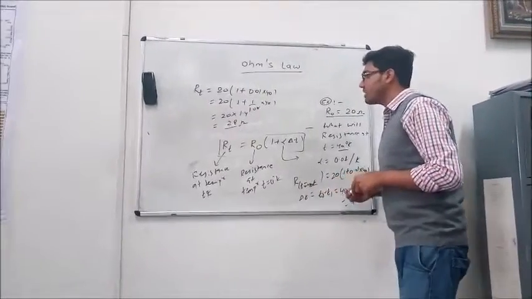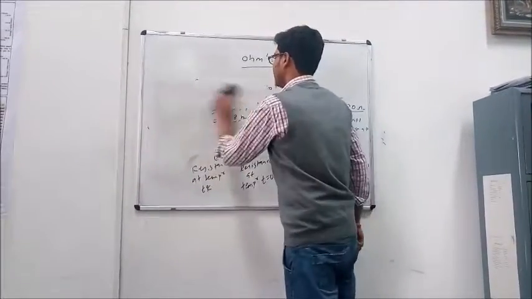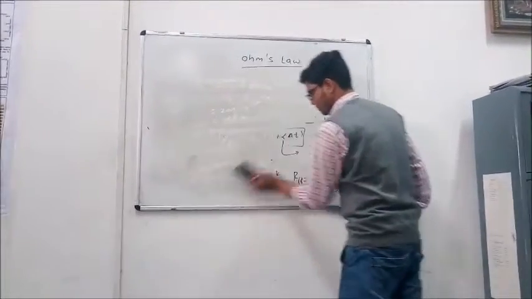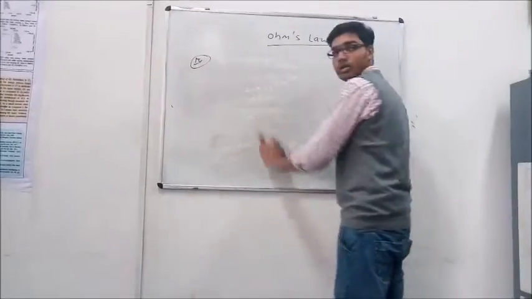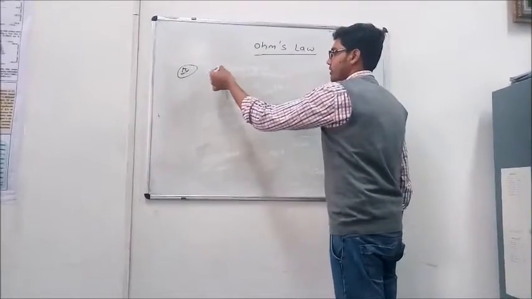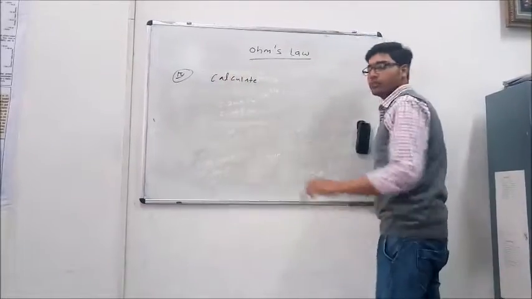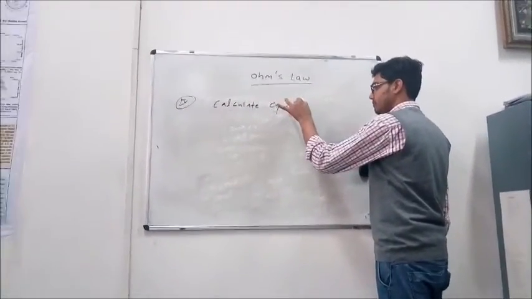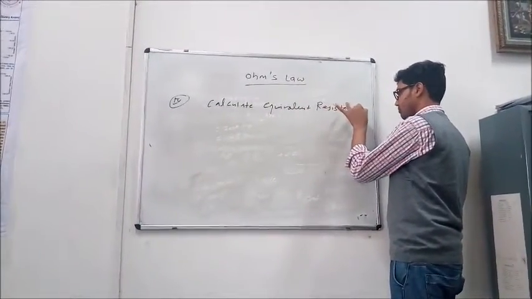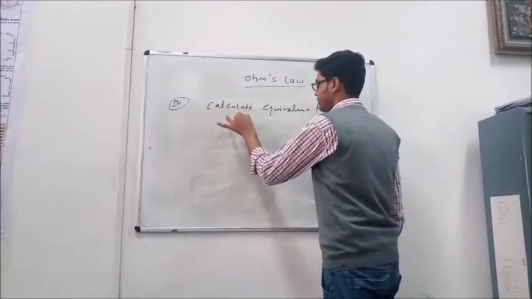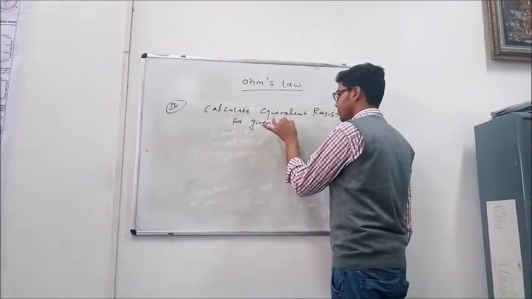And the next is, we will try to find the equivalent resistance for different kinds of combinations. The last topic is to calculate equivalent resistance for a given circuit or network.